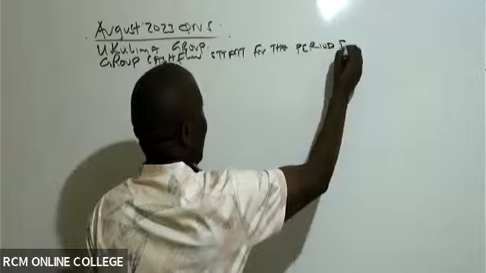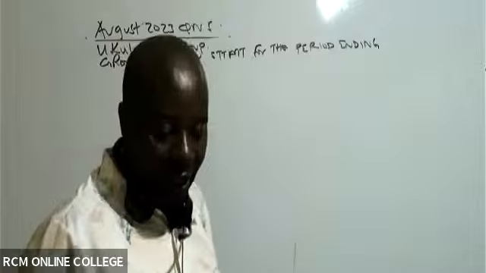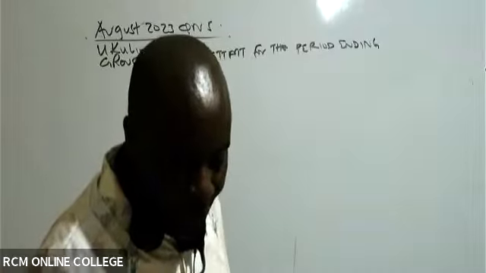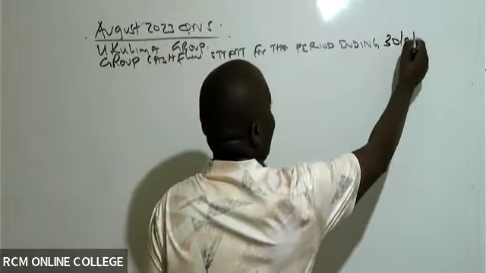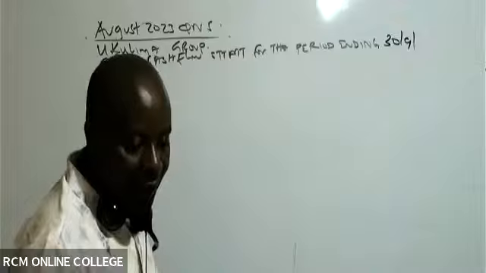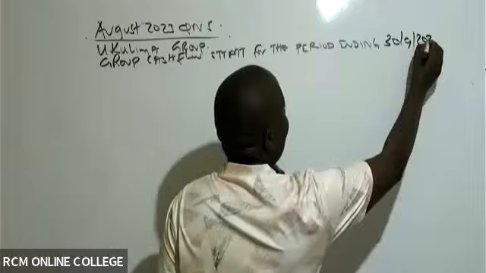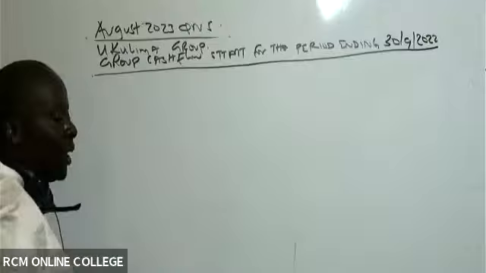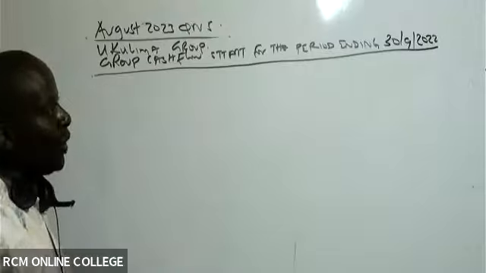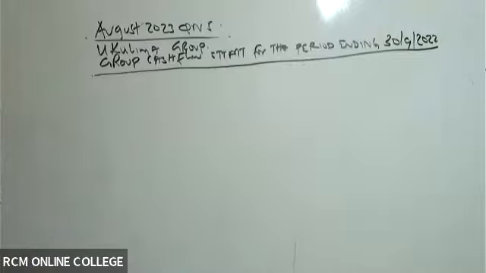Of course, that one I know you are able to get written down very fast. So you're using the indirect method. We're using the indirect method, you can write a dash there, indirect method. So: group cash flow statement for the period ending 30 September 2022.